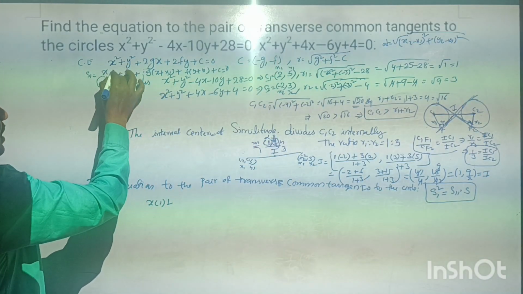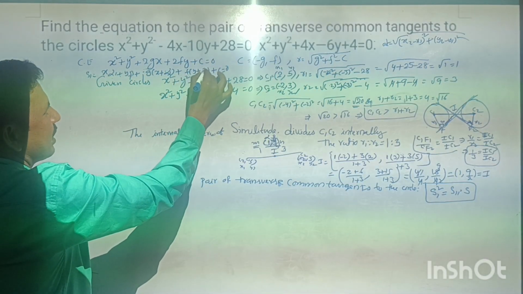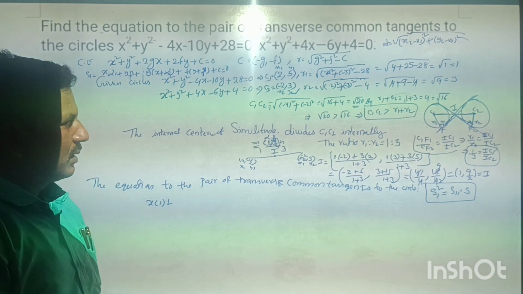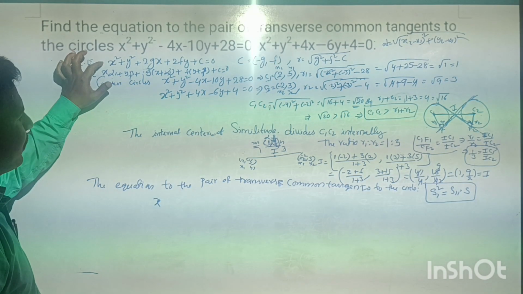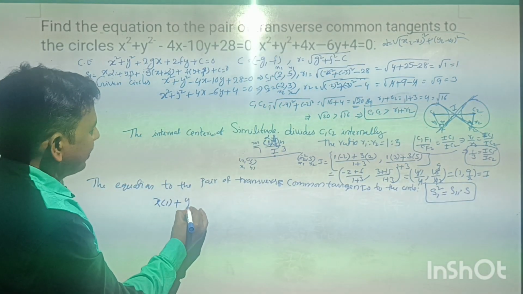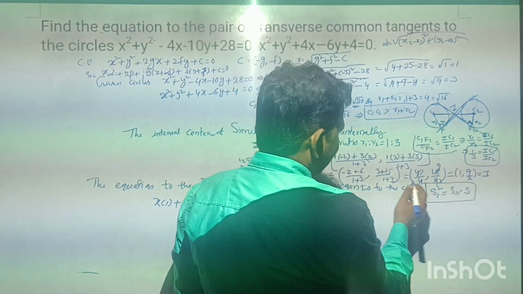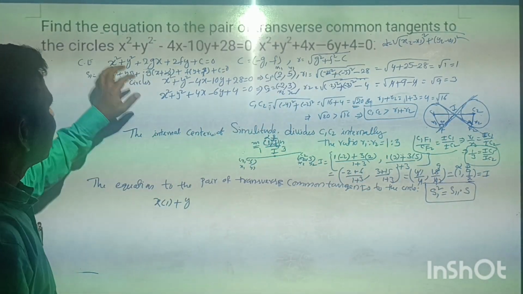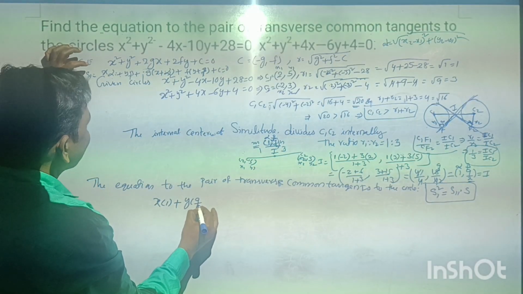So no confusion. Therefore x alpha means 1, and y beta means 9 by 2, treated as alpha, beta. So alpha, beta means 9 by 2.